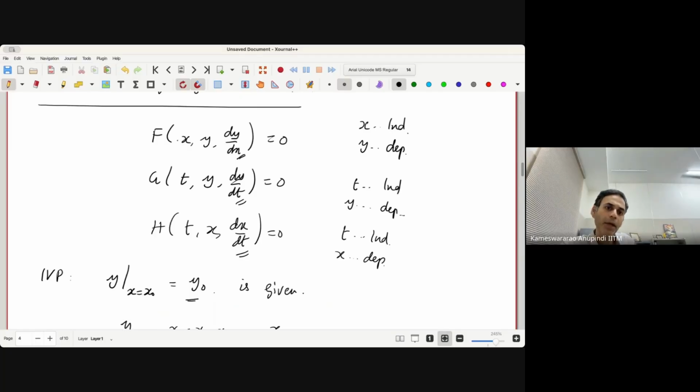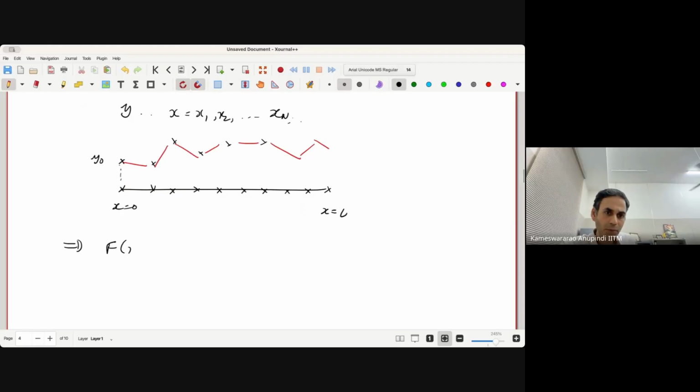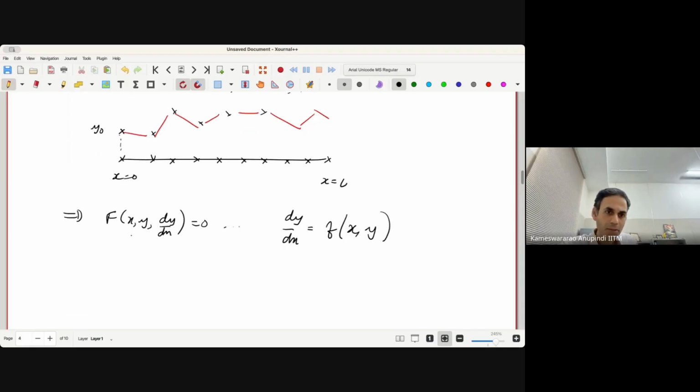So instead of writing f of x, y, dy dx equal to 0, it is convenient to transform this and write it as dy dx equals some little f function of x comma y. Okay, that means we are bringing x and y outside and writing it as a different function, and then dy dx is written here.